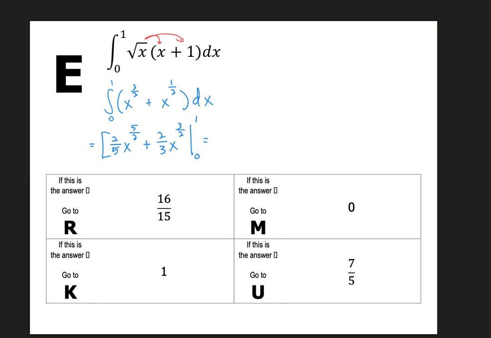Okay, and then if we plug in 1, these just become 1s, so really it's just 2/5 times 1 plus 2/3 times 1, which is 2/5 plus 2/3. And then if you plug in 0 for each of these, it's just 0, so technically you're just doing minus 0. So, all right, and then find a common denominator. So this would be 6/15 plus 10/15.